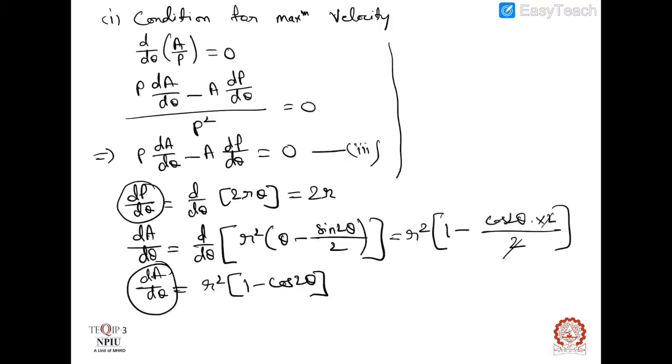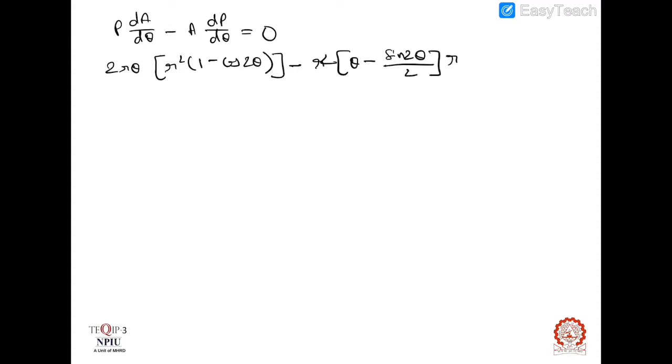That is 2r theta, and dA upon d theta is r square into 1 minus cos 2 theta, minus A, which is r square theta minus sin 2 theta divided by 2, into dP upon d theta, which is 2r, is equal to 0.